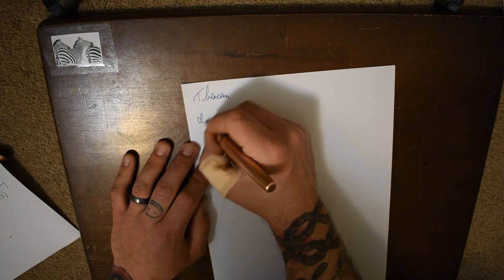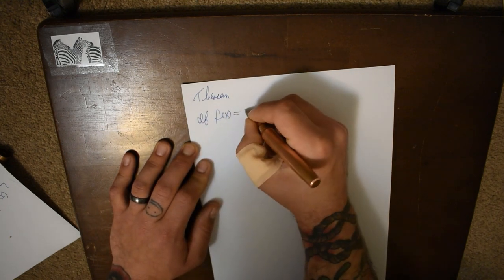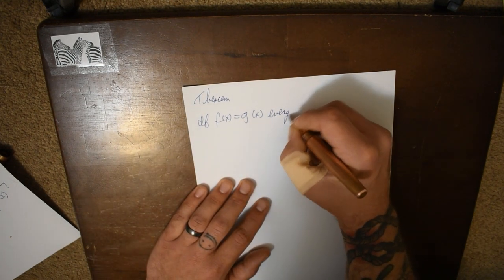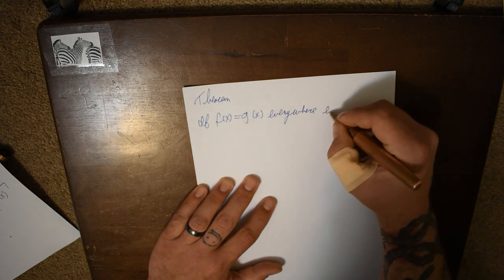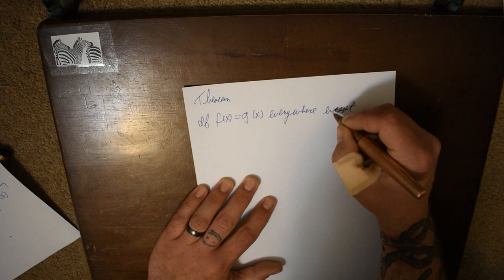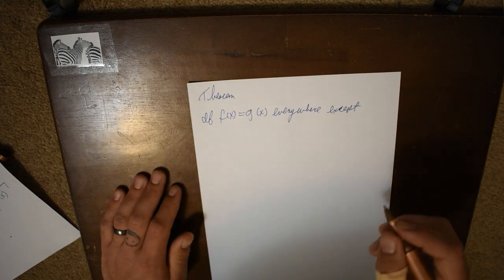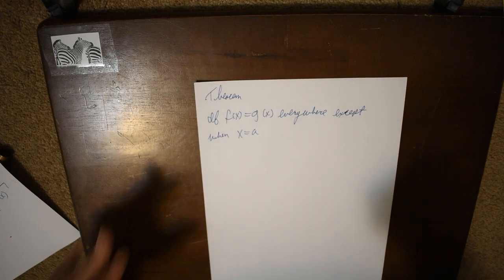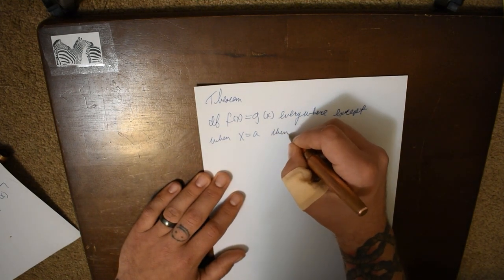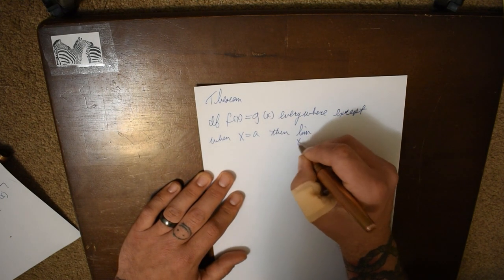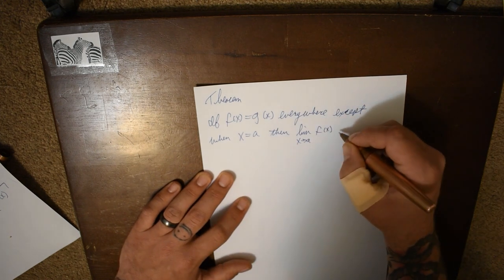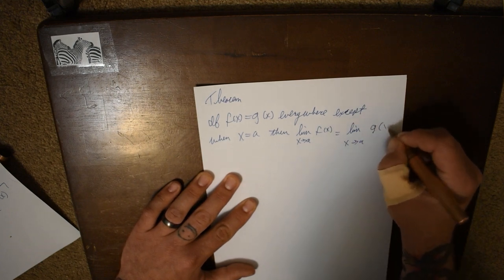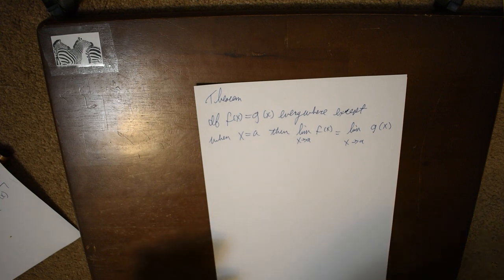If f of x is equal to g of x everywhere except when x is equal to a, then the limit as x approaches a of f of x is equal to the limit as x approaches a of g of x.